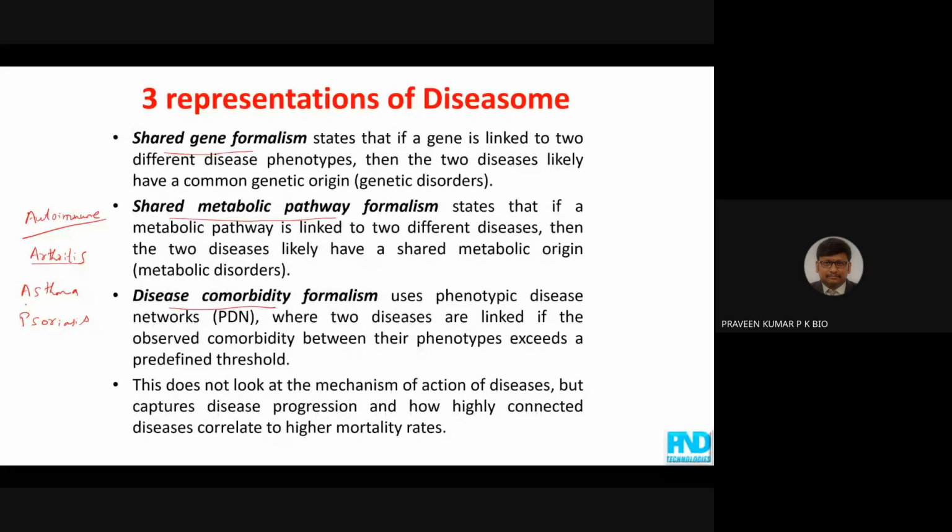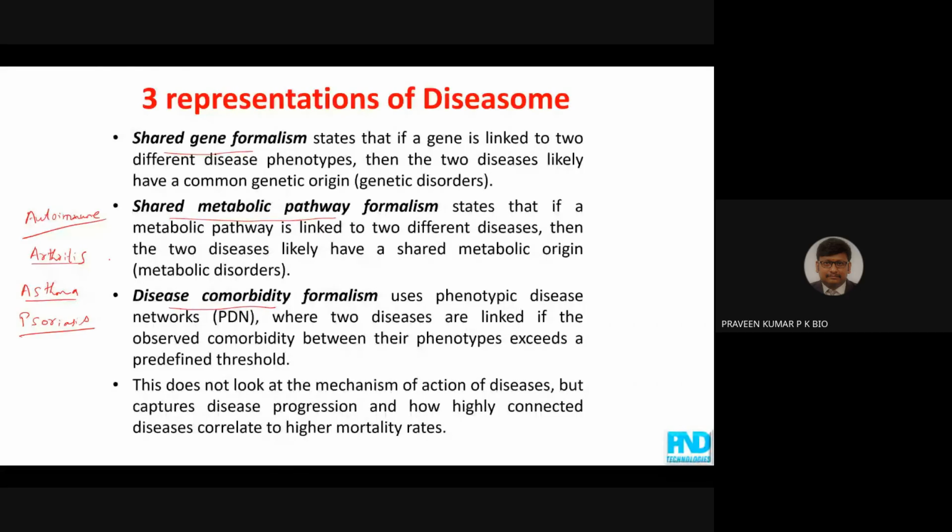And similarly, asthma is a respiratory disease. We have the beginning stage to the chronic stage of asthma, pertaining to the lungs. And similarly, psoriasis is related to the skin. But all these three diseases are linked with each other.